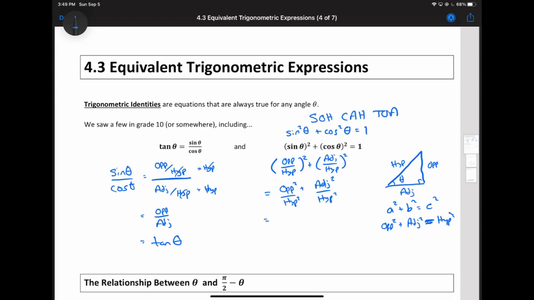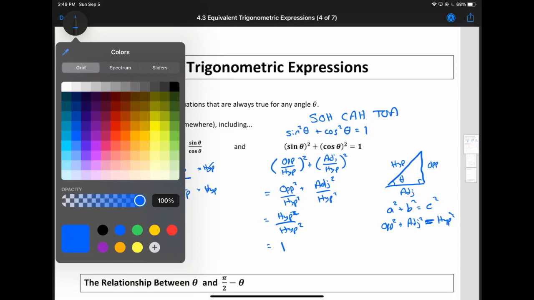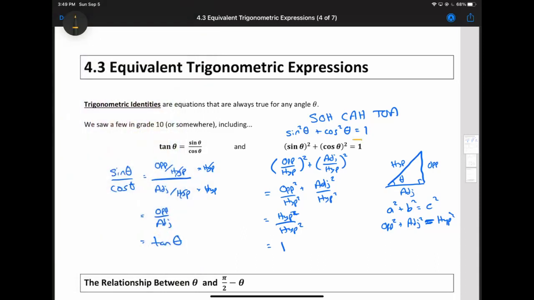So since opposite squared plus adjacent squared is hypotenuse squared, that's hypotenuse squared over hypotenuse squared, which is equal to 1. So despite the fact that it may not look like it, this is really just a trig version of the Pythagorean theorem. So now we have two beautiful identities that we can use for solving all kinds of interesting trig identity problems.